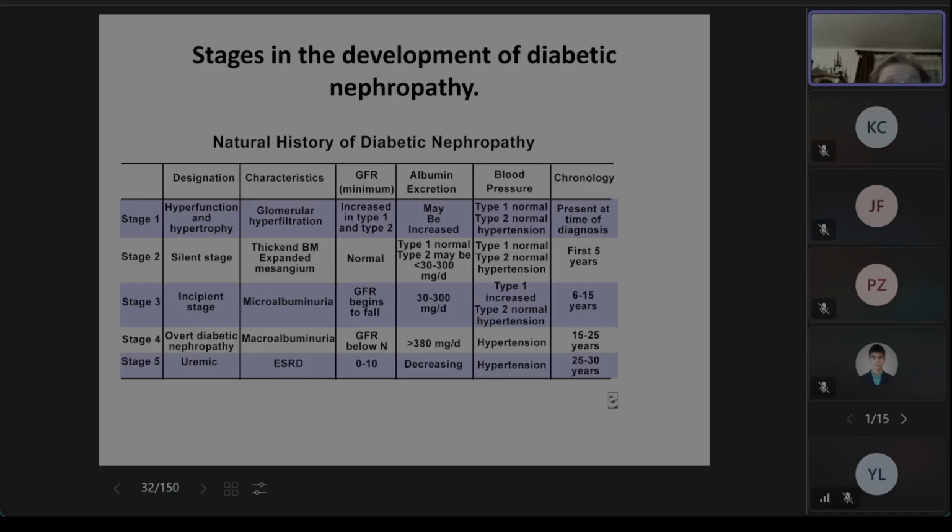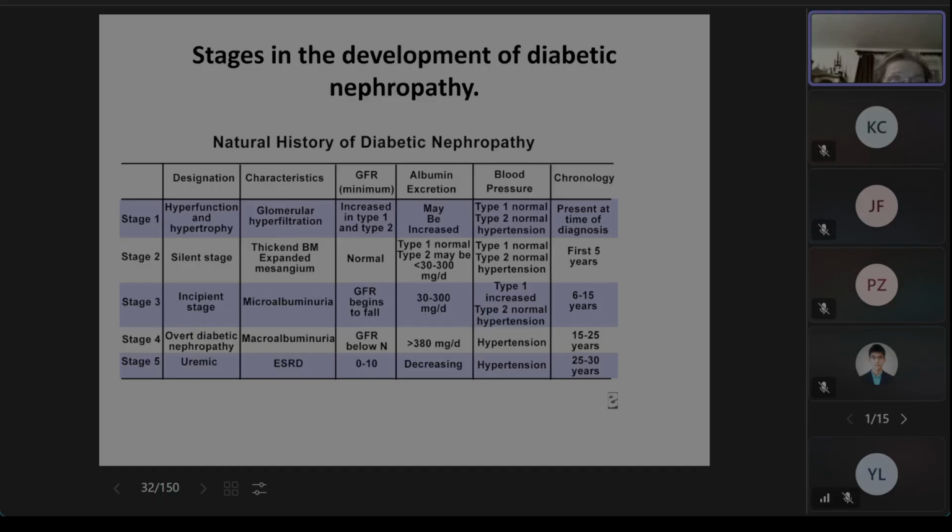In type 1, the blood pressure is usually normal, but in type 2, we can observe mild up to moderate hypertension. And this stage takes the first 5 years of the disease.